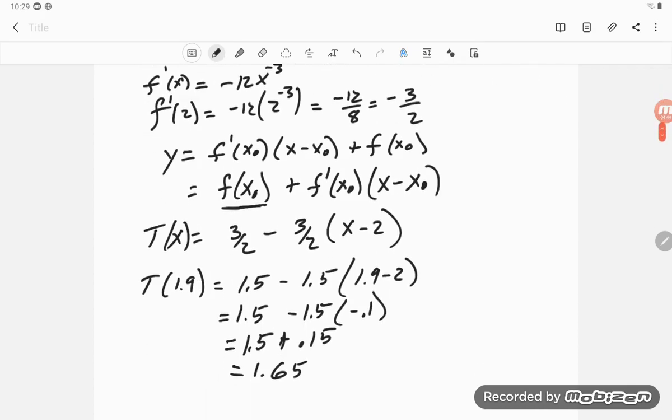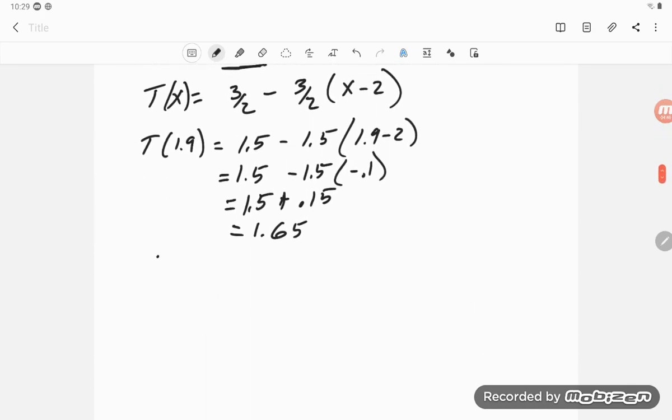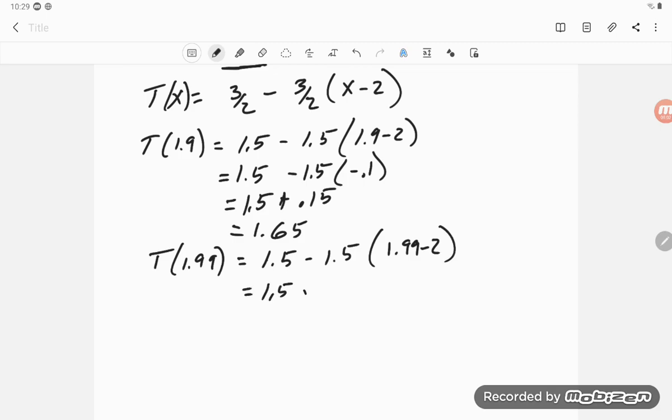I'll do 1.99 and then also check the function value. So 1.99, this is 1.5 minus 1.5 times 1.99 minus 2, so that's 1.5 minus 1.5 times a negative 0.01.